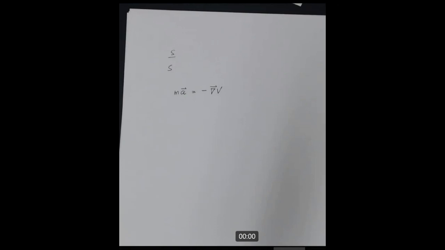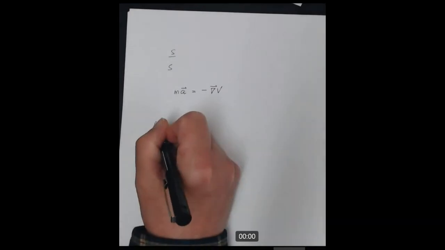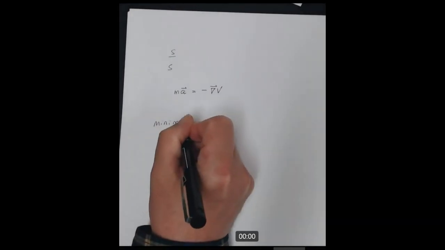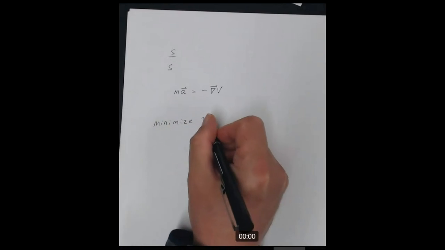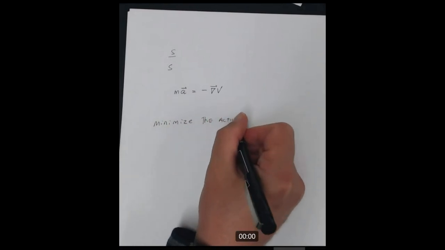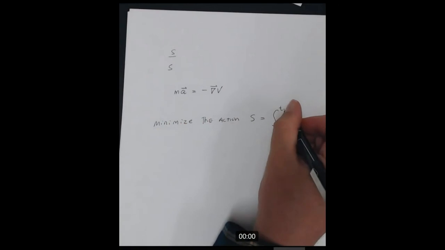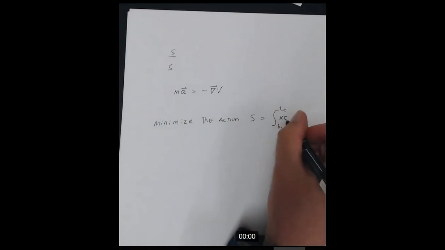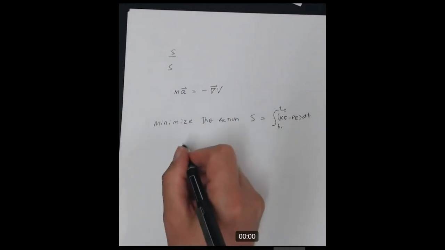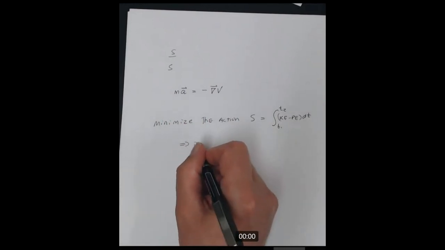So Richard Feynman said that all the fundamental laws of physics should be able to be written in terms of least action, minimizing the action. So we call that to minimize the action S. We call that the principle of least action.